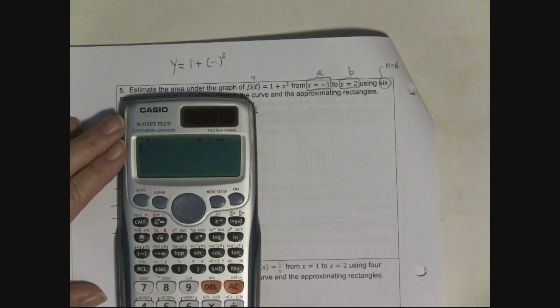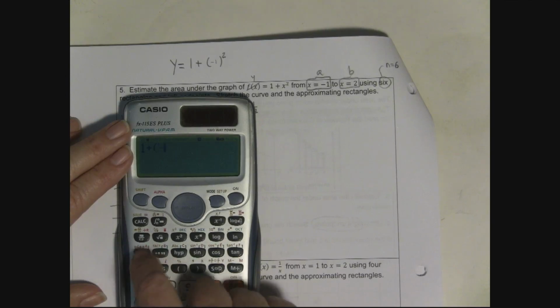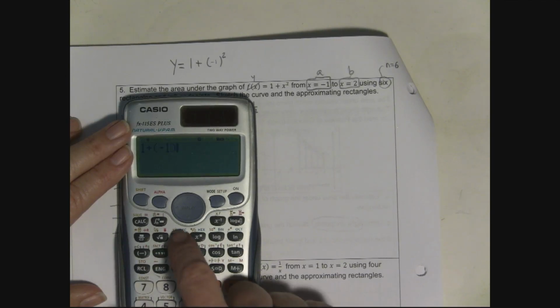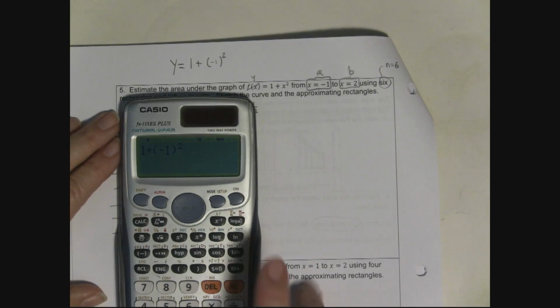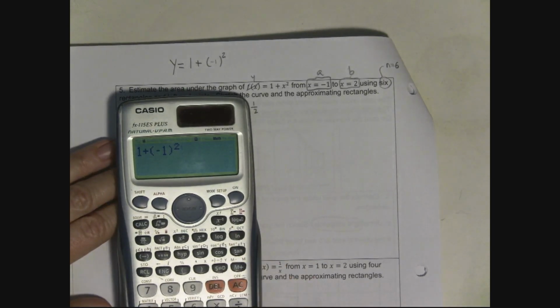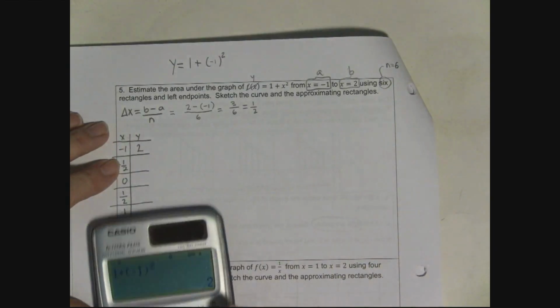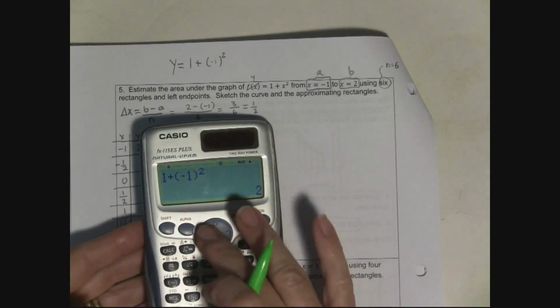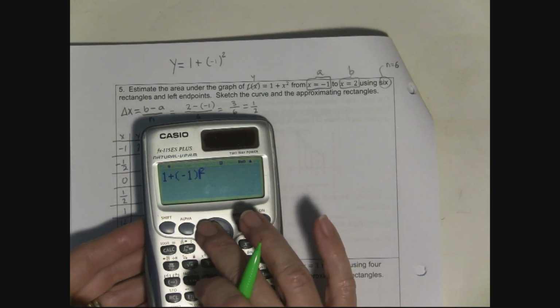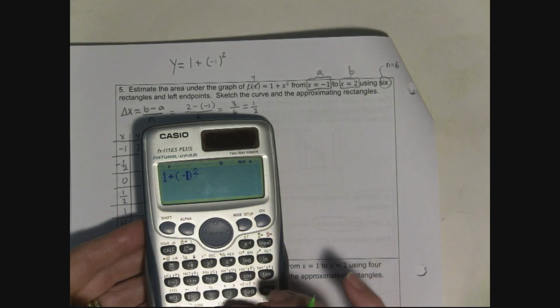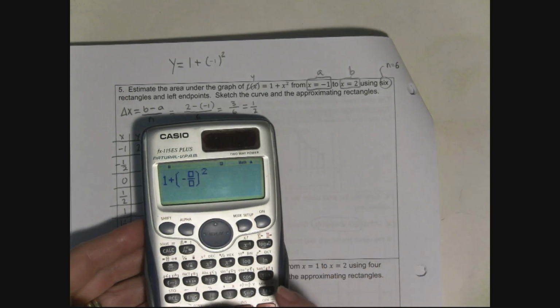Since I'm going to be doing it repeatedly, I think I will just put it in my calculator. The first one I have negative 1, and then quantity squared, because I can just keep editing this. When I do that, I got 2. You probably knew that. Now I'm going to change that 1 in my calculator to negative half, so I'm going to put in here fraction 1/2.